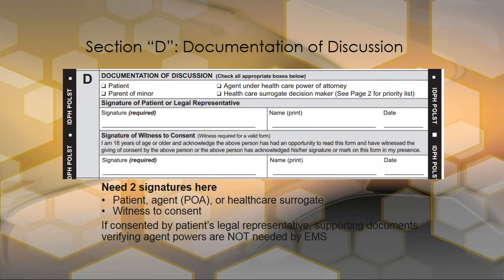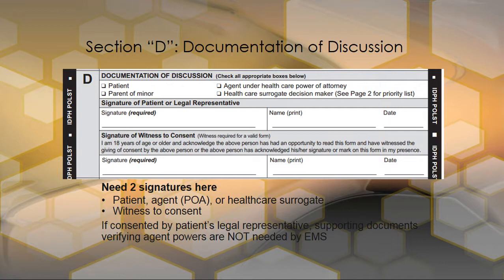So anyone can witness the POLST form being signed. The only restriction is that the primary caregiver, or the physician, physician's assistant, advanced nurse practitioner, medical resident, etc., cannot sign as the primary caregiver and also sign as the witness.